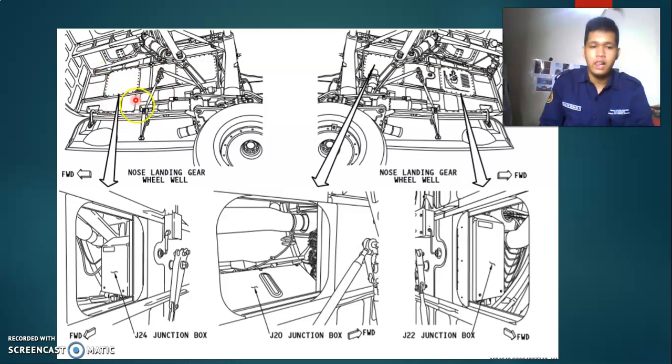What we need in here is a braking sensor. This is a detail inside the nose landing gear wheel well. You can see it's a junction box. Inside the nose landing gear wheel well, there are many structures. This is a hydraulic system, cable, electrical system, and more. So we need caution to do this job.